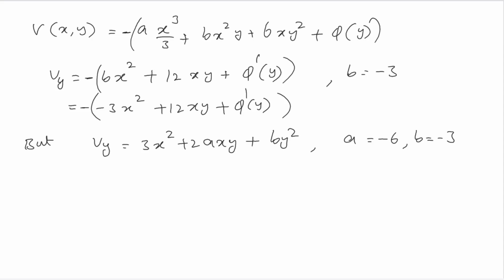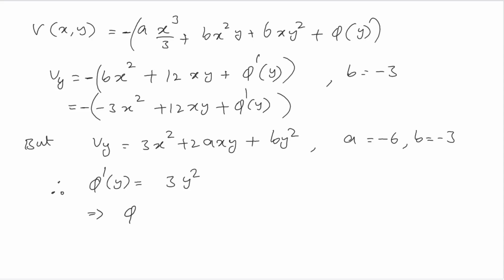So by substituting the values of a and b, and comparing these two expressions, we get minus pi dash of y is minus 3y square. Hence pi dash of y is 3y square.